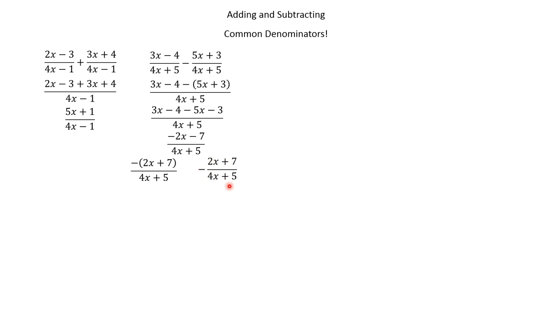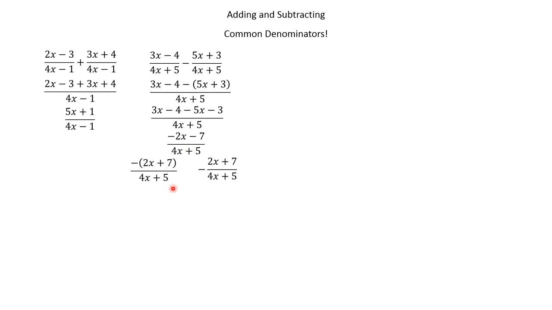You could also distribute it into the denominator, but that would be kind of weird. Generally speaking, I'd probably leave it like this. Just make sure that this negative is inside the numerator. It's connected to the 2x. It is not part of the fraction as a whole, like it is here. It's part of that 2x.